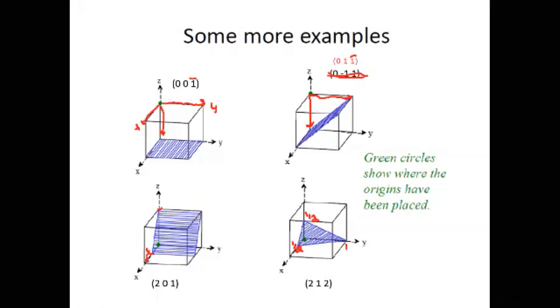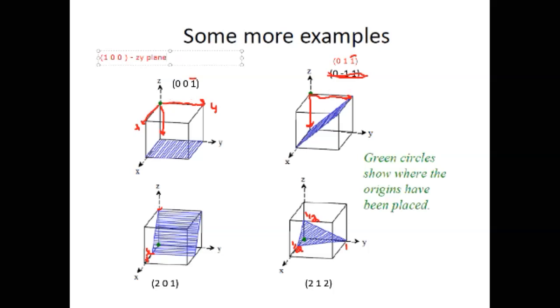Just a characteristic that makes it easy to identify the 1, 0, 0, or a neat trick, I should say. So if you want to know the 1, 0, 0 plane, the plane is going to be in the ZY plane.